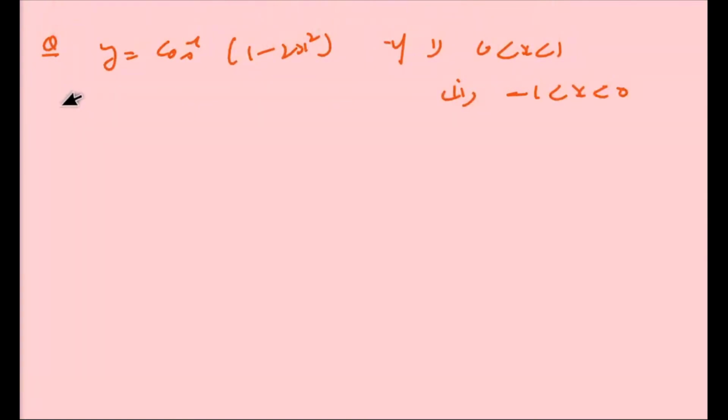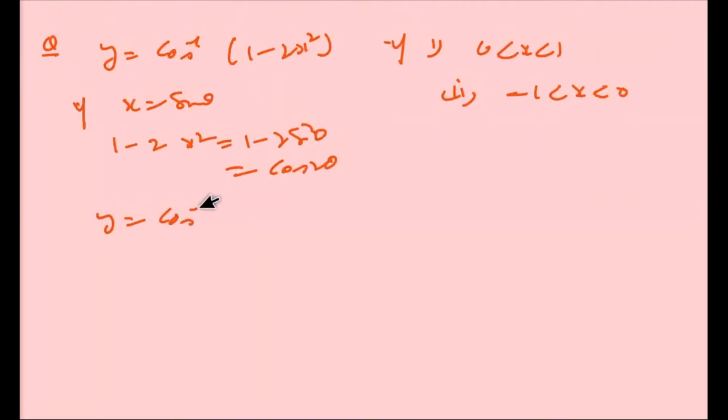Now we know that the formula is that if x equal to sine theta, then 1 minus 2x square equal to 1 minus 2 sine square theta equal to cos 2 theta. So our question is cos inverse cos 2 theta.